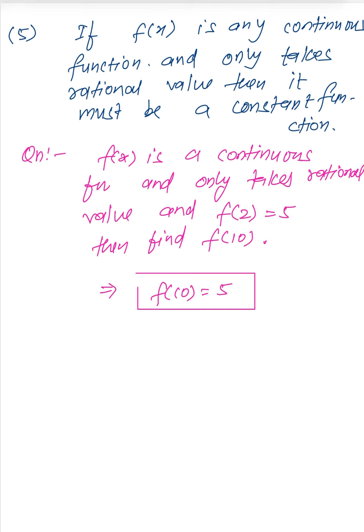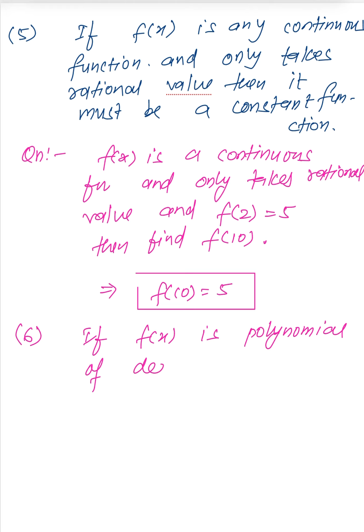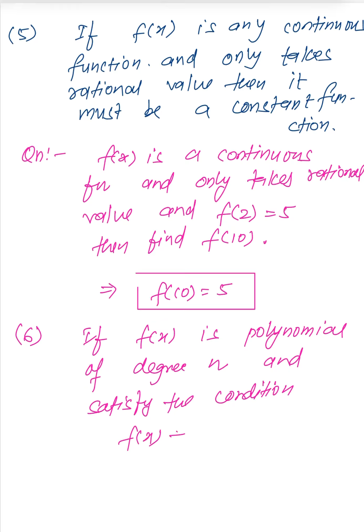Now let's move to the next point. In this point we discuss: if f(x) is a polynomial of degree n and satisfies the condition f(x) plus f of 1 by x is equal to f(x) into f of 1 by x.